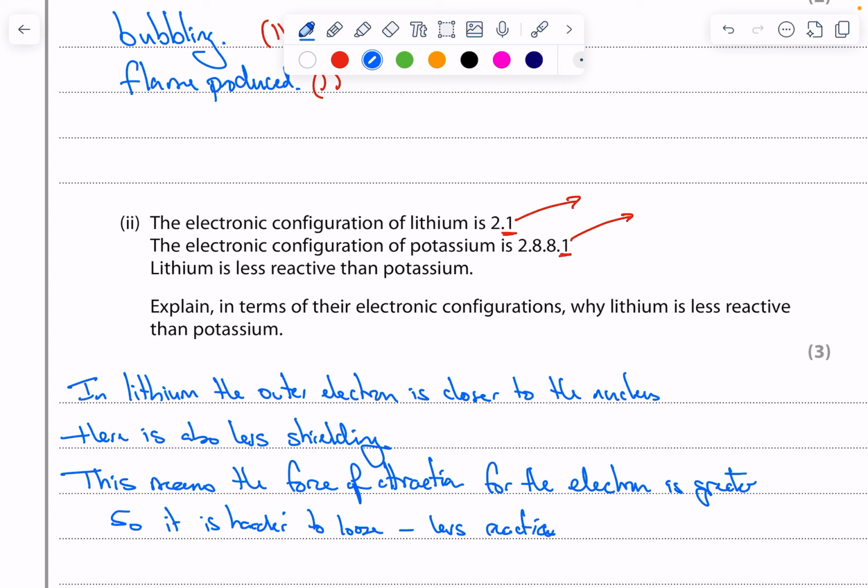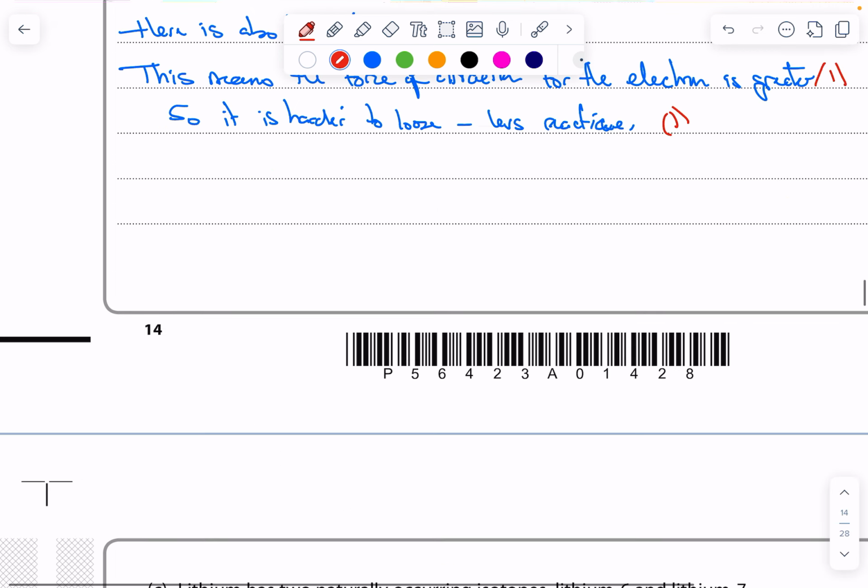Okay, there's 3 marks, so going to get 1 in there, 1 in there, and then 1 here for the points.